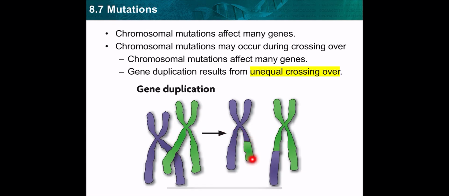That's why one of the homologous chromosomes will get a smaller segment than the other. This is gene duplication, a type of chromosomal mutation. This occurs when? During the crossing over process.